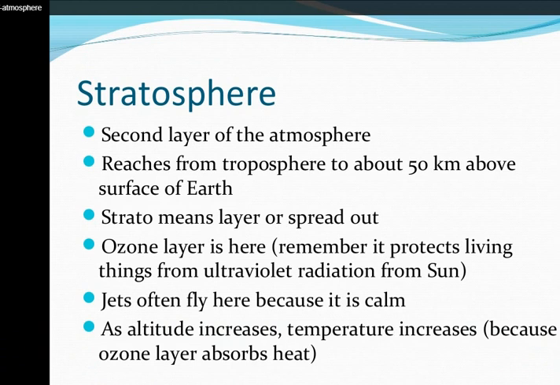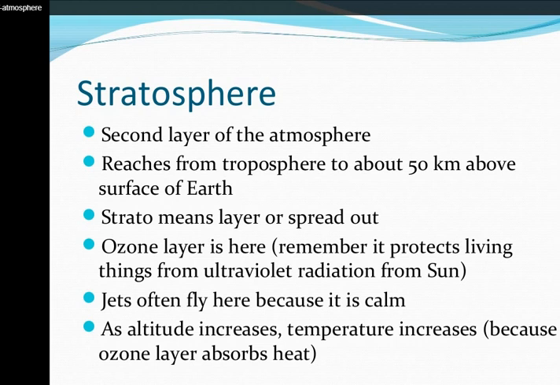Okay, and then the stratosphere. This is the second layer of the atmosphere. It reaches from the troposphere to about 50 kilometers above the surface of Earth. Strato means layer or spread out. The ozone layer is here, and the ozone layer is very, very important. I asked you inside the class why the ozone layer is important. Remember, it protects living things from ultraviolet radiation from the sun.